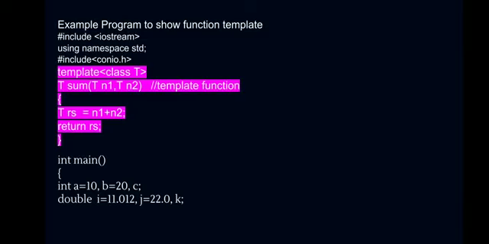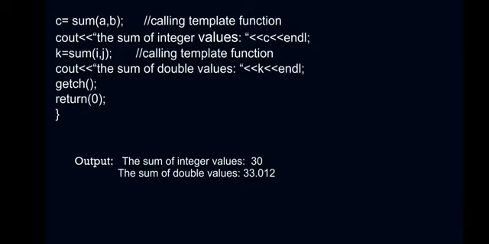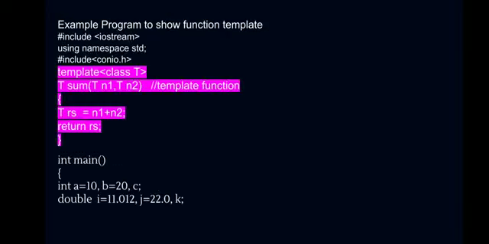Now when I call the function, see here I am calling the function c equal to sum of a comma b. A and b are what type of values? Integer type of values. So the data type passed to the generic function here is int.